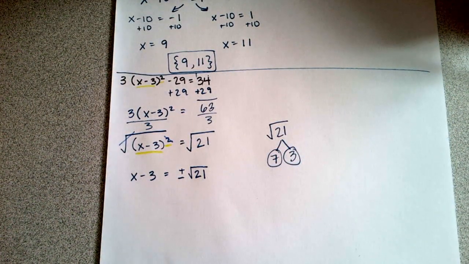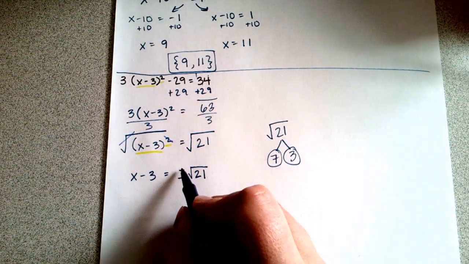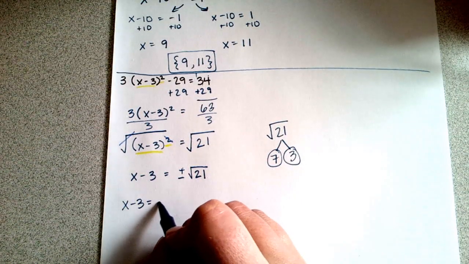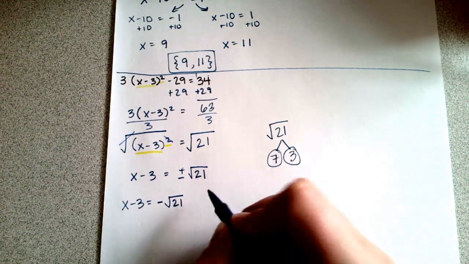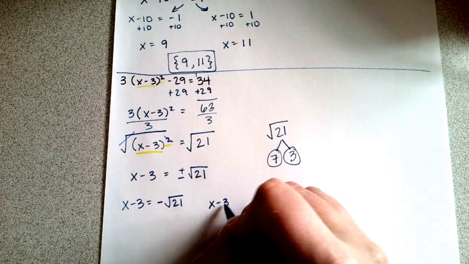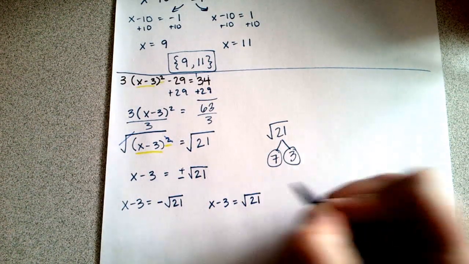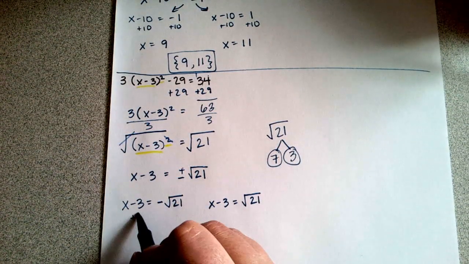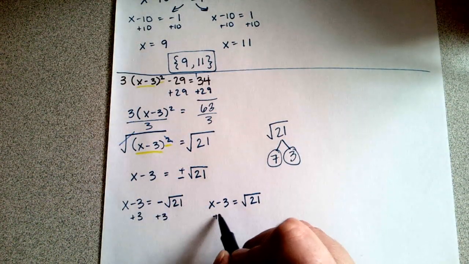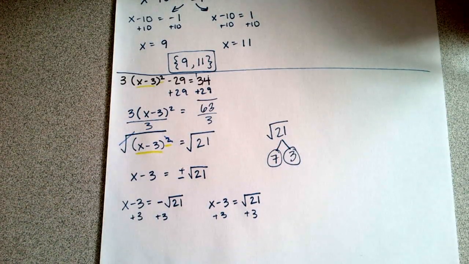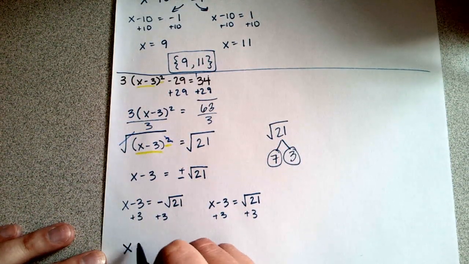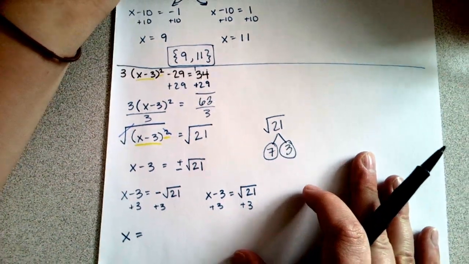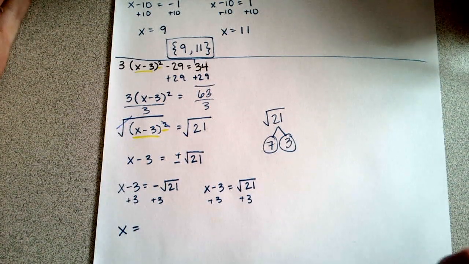Now we need to solve for x, but this is really two different numbers, so we write our equation with one of them equaling negative square root of 21 and one equaling the positive square root of 21. Then you need to get x by itself, so you add 3 to both sides of each equation. On this one you get x equals 3 minus the square root of 21. 3 and the square root of 21 are not like terms, so you don't get to combine them.